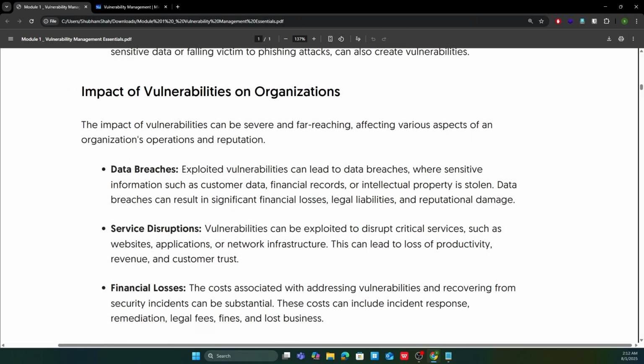Now we have some impact of vulnerabilities on the organization. The impact can be very severe and far-reaching, affecting operations and reputation. For example, data breaches. An exploited vulnerability can lead to a data breach, because when sensitive information like customer data or intellectual property is stolen, this can result in significant financial losses, legal liabilities, and reputational damage.